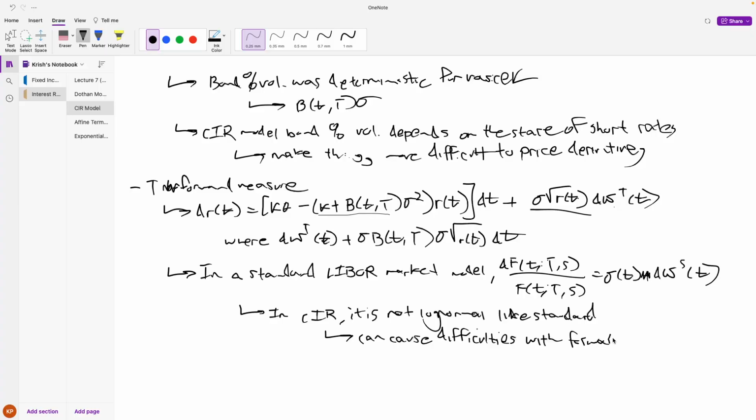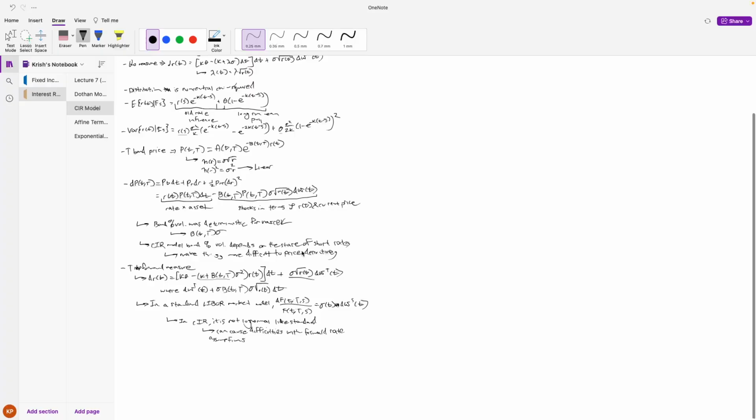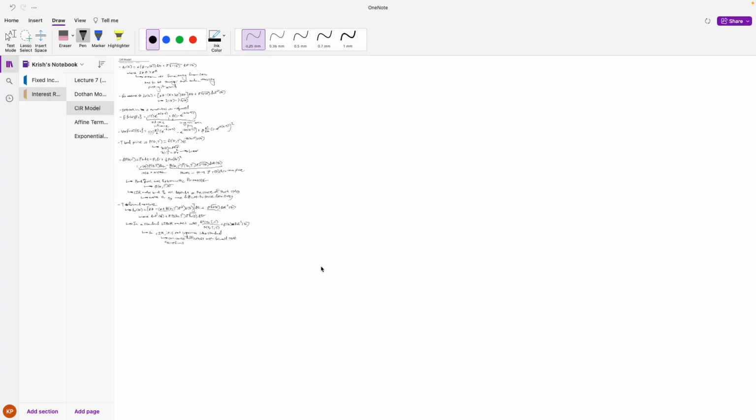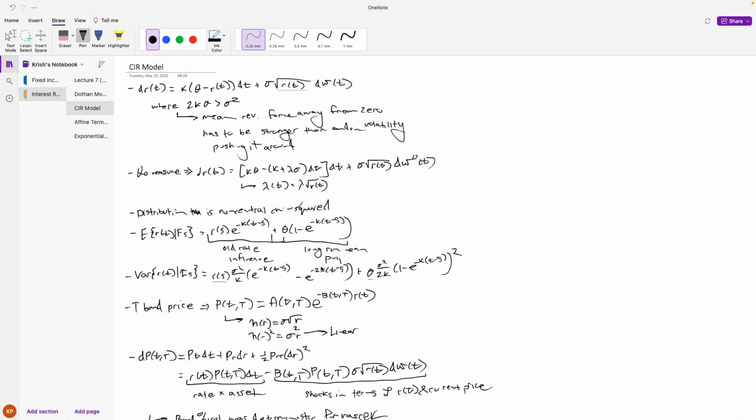And I'm sure we'll see an application later on, right? So right now we're kind of just going over literally the models and all the different types of properties, and we're definitely going to be applying them later on, so don't worry about that. But yeah, the CIR model is pretty much the closest that we can get to the Vasicek using time homogeneous and one factor short models, right?